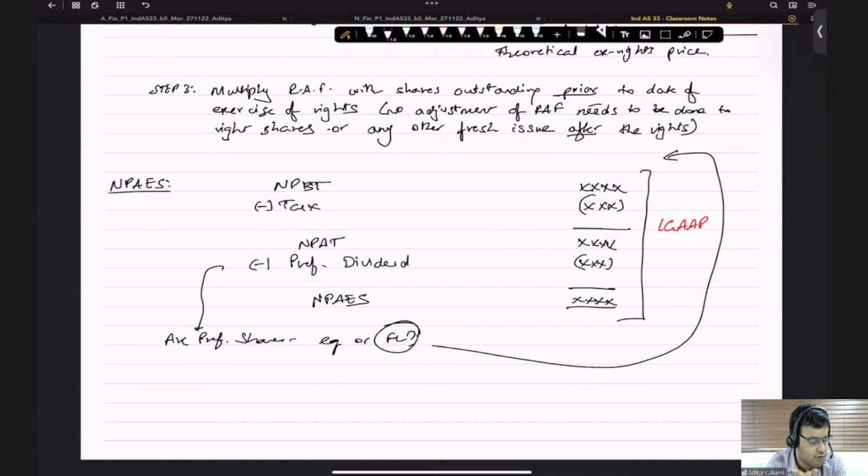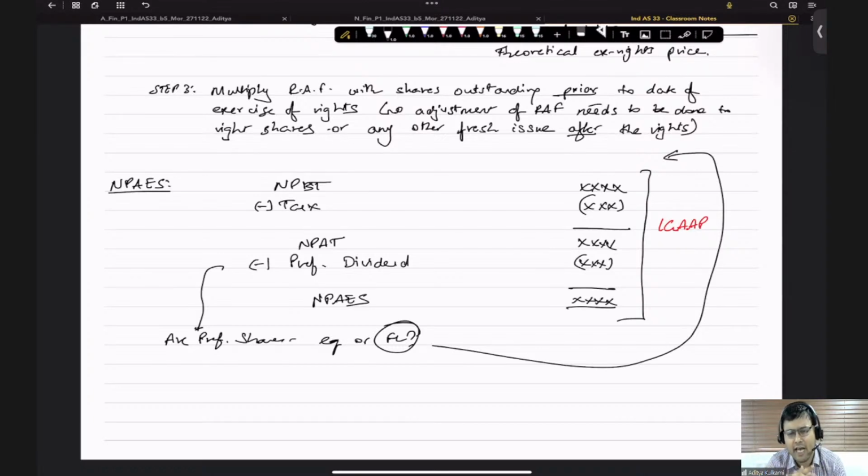Whereas in the case of early conversion, it would have been adjusted in finance cost, and therefore no further adjustment is needed. Okay, so we stick to this for the time being, but ideally it depends on whether the instrument is originally classified as a financial liability or as equity.